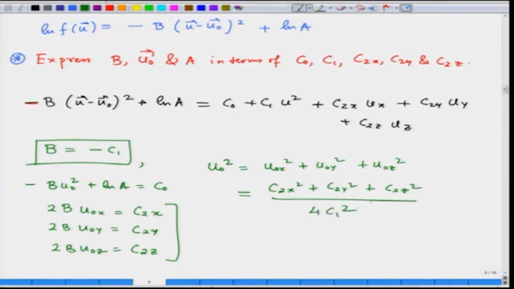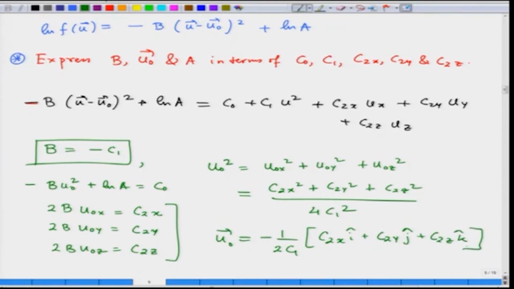Okay. And then you can actually calculate the vector as well. So, u0 vectorially will simply be minus 1 by 2 C1 times C2x i cap plus C2y j cap plus C2z k cap.